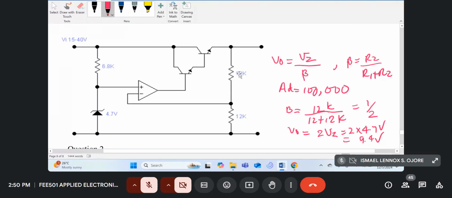From your first year measurements, you were told about the resistor color bands: the first color, the second color, the third color, and then the fourth color gives you the tolerance of the resistor. So it's impossible to manufacture a resistance of exactly 12K. It will be maybe 12K plus or minus 5% if it's got a gold band. So in all the solutions, we're not taking into consideration the tolerance with which the manufacturer can make these resistors.